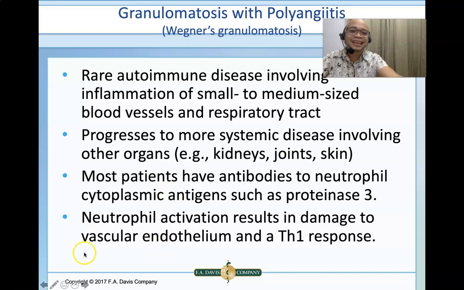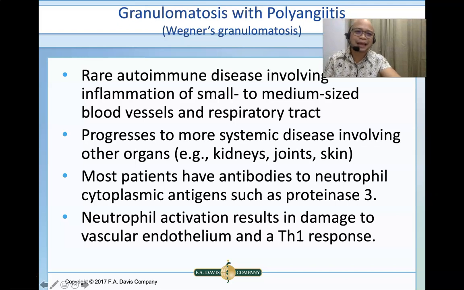Wow, it's quite challenging to pronounce that, right? This particular type of autoimmune disease is quite difficult to pronounce, yes, and it is also rare, involving inflammation of small to medium-sized blood vessels, so you'd expect vasculitis to be present, and even the respiratory tract.